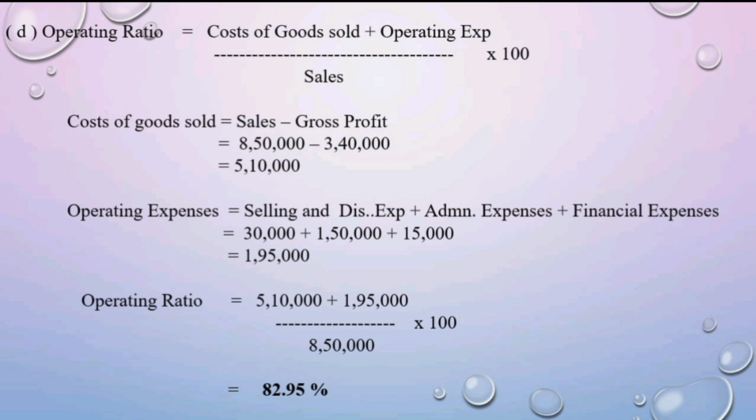Operating expenses for this sum are selling and distribution expenses, administration expenses and financial expenses. So total operating expenses are 1,95,000. So now we apply the formula, cost of goods sold plus operating expenses by sales into 100. 5,10,000 plus 1,95,000 by 8,50,000 into 100. So operating ratio for this sum is 82.95%.